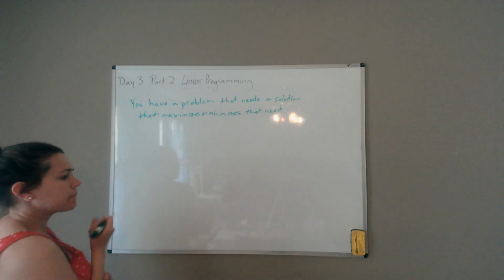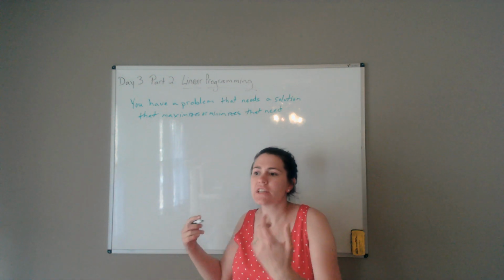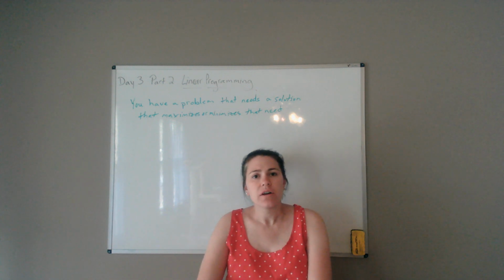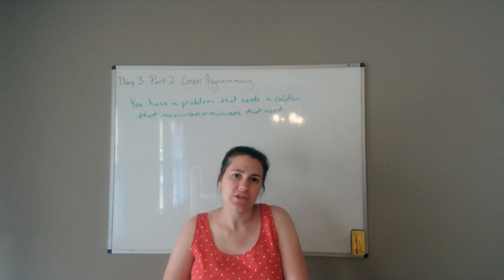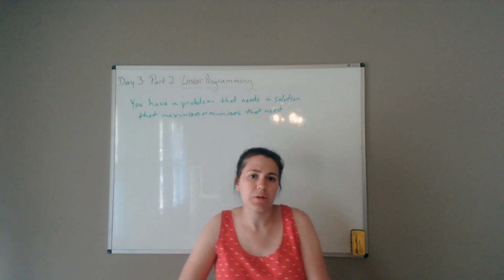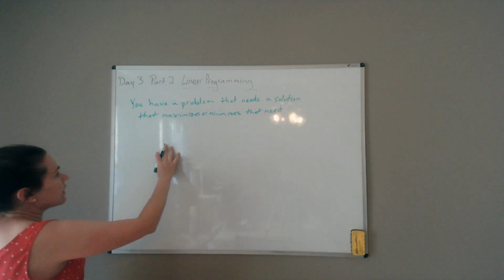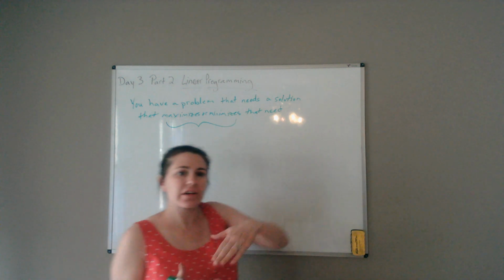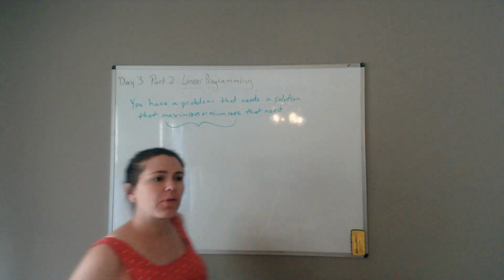So, for example, a company sells 3 types of toys, okay? And the company wants to maximize their profit selling those 3 toys. That's a linear programming problem. So what you will have when you try and maximize or minimize, maximize means you want the highest amount, minimize means you want the lowest amount.